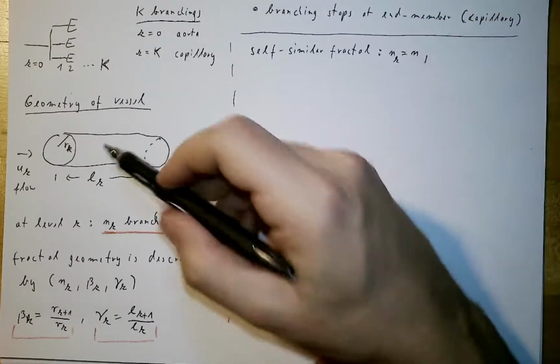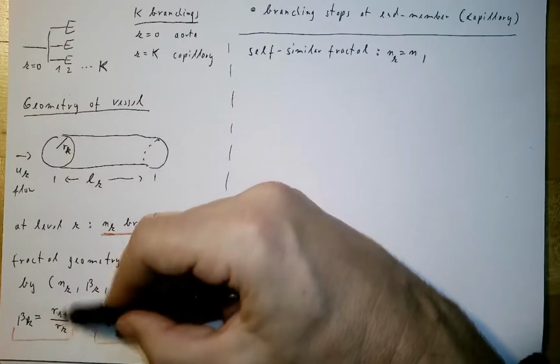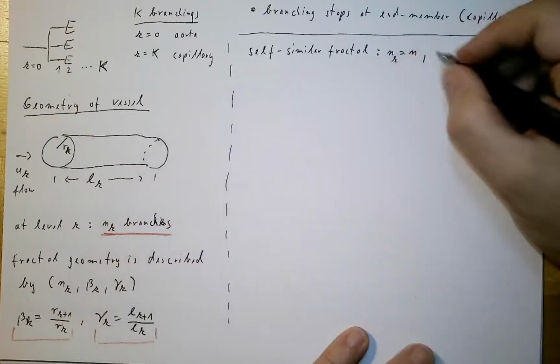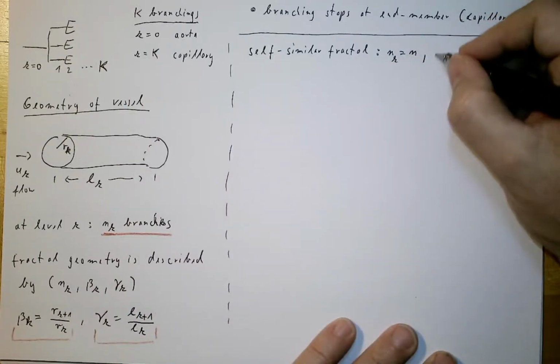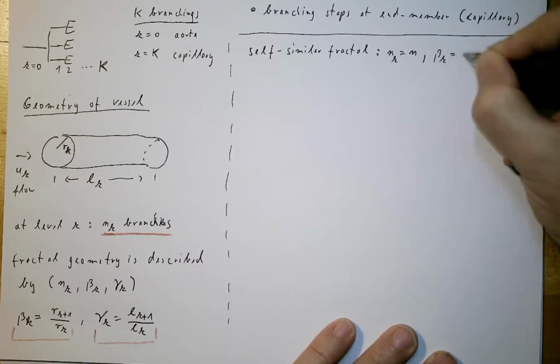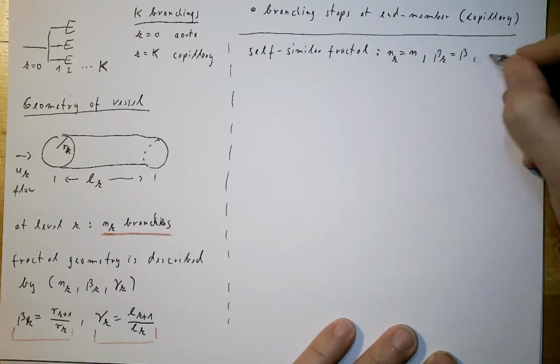And then we also say that the ratio of the radii should be the same. So all beta k are the same, beta, and all gamma k are all the same.